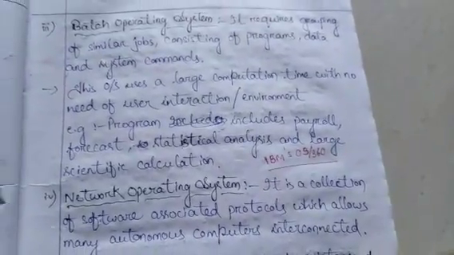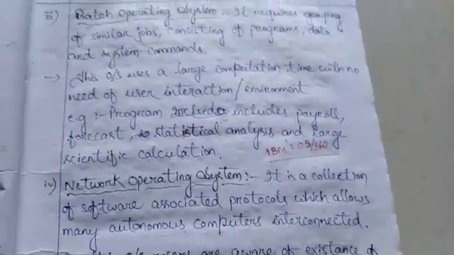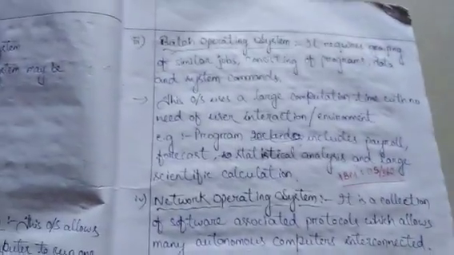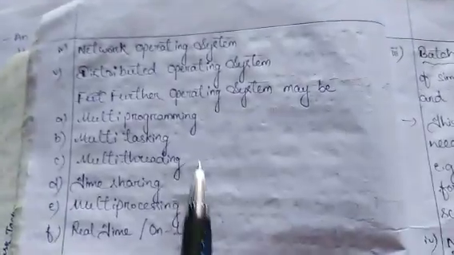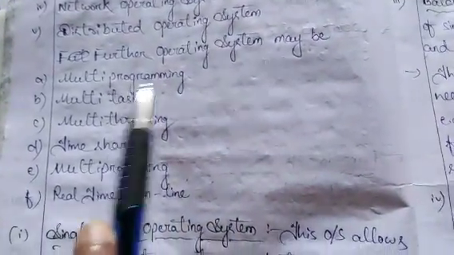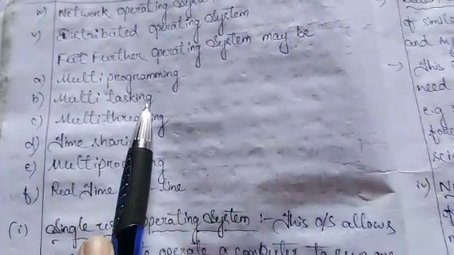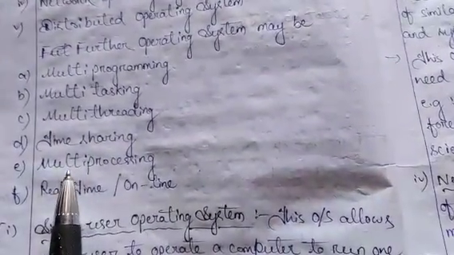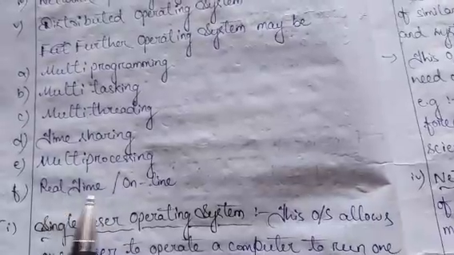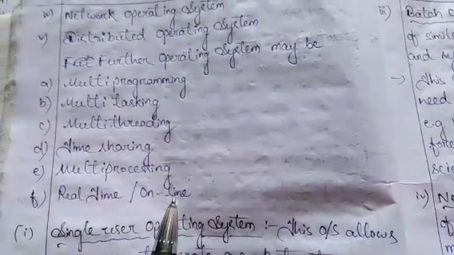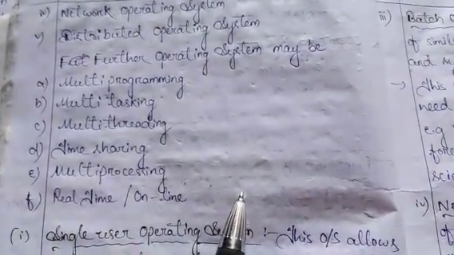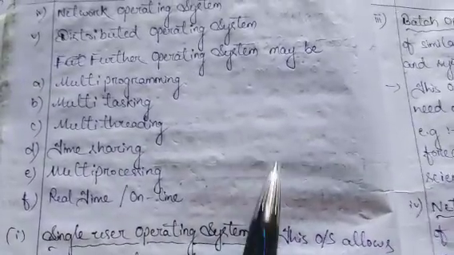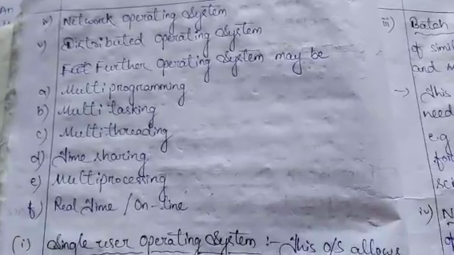And also there are so many other operating systems like network operating system, distributed operating system, multi-programming operating system, multitasking operating system, multi-threading operating system, time-sharing operating system, multi-processing operating system, real-time or online operating systems. Operating systems can be categorized in this way, but overall, these operating systems are highly required.